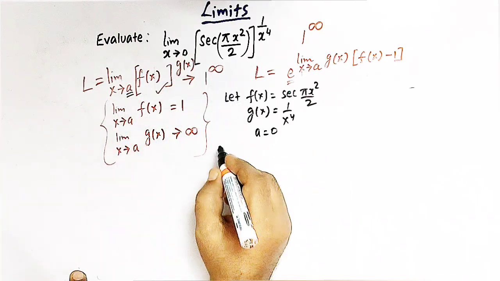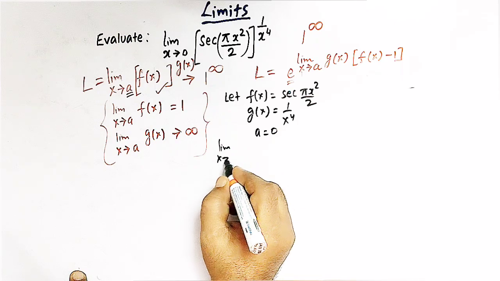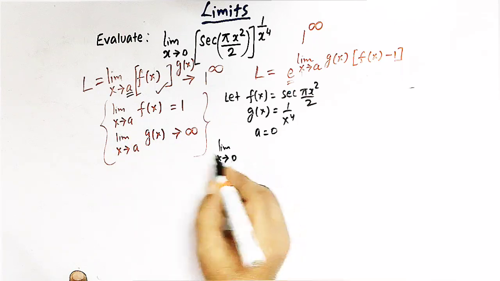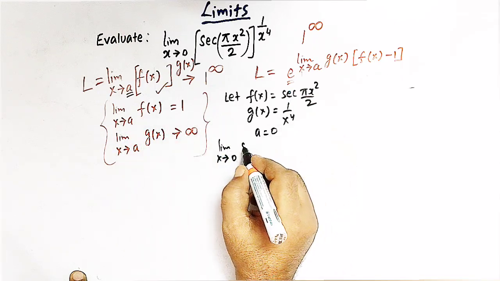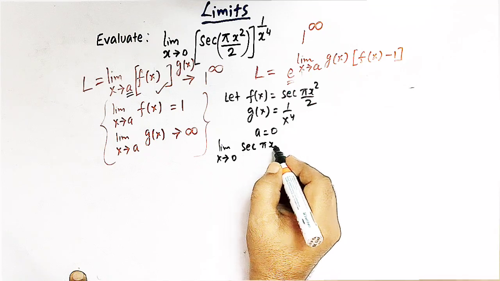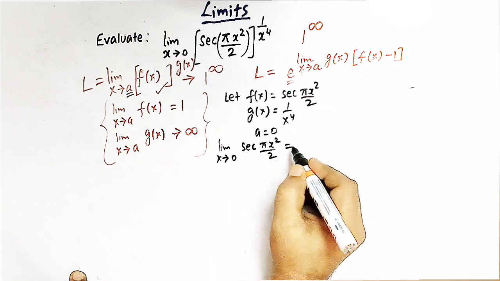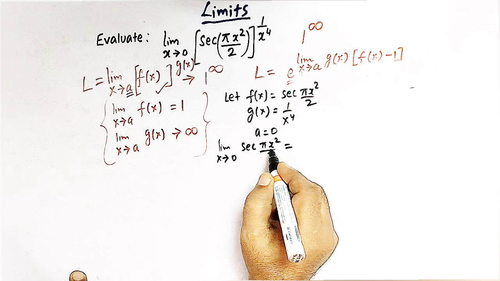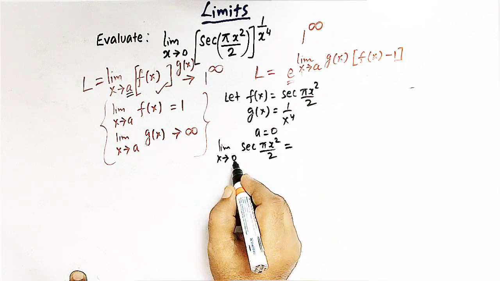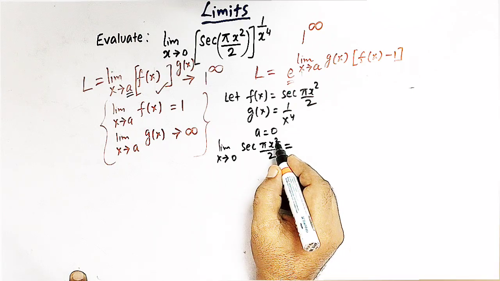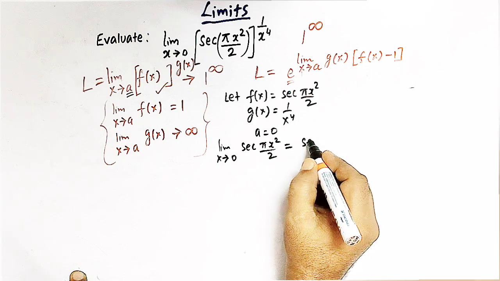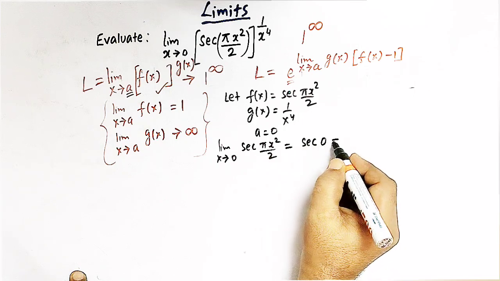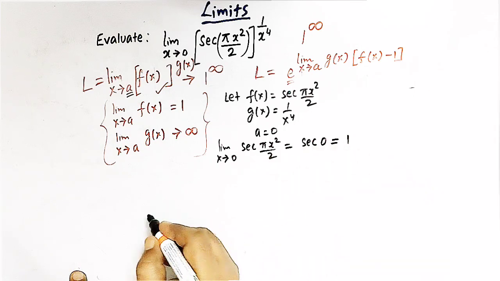Let us first find the limit x tends to 0 of f of x, which is secant pi x square over 2. This limit is equal to 1, because when x tends to 0, then x square tends to 0. So we have secant 0, and secant 0 is equal to 1.